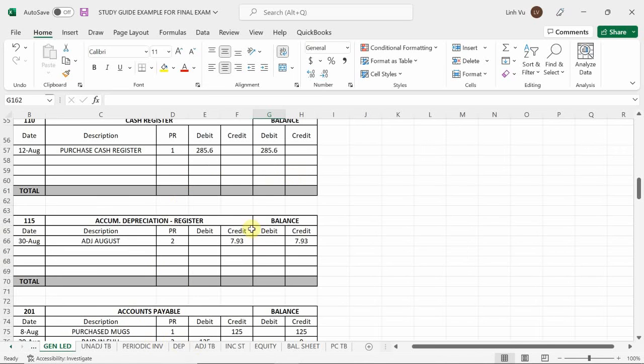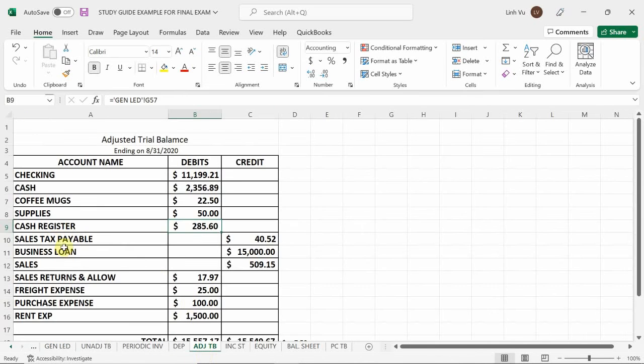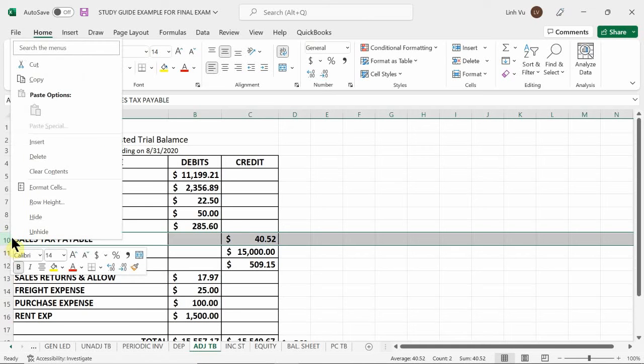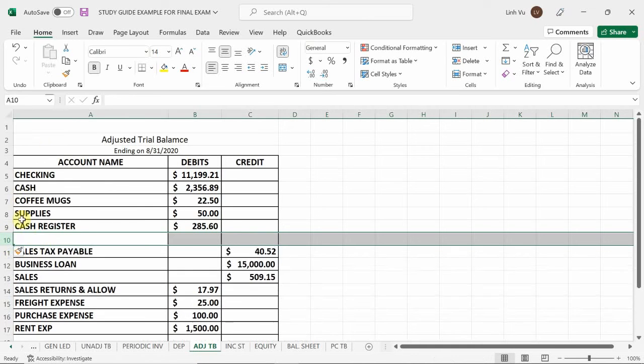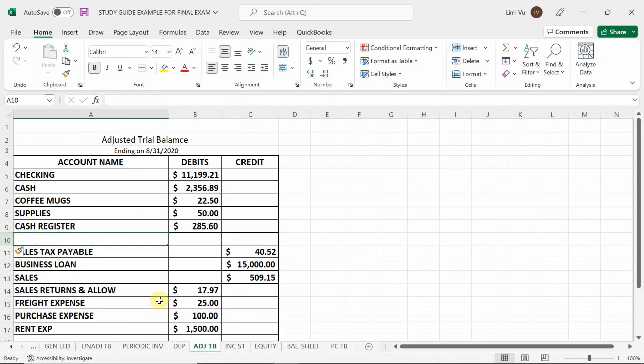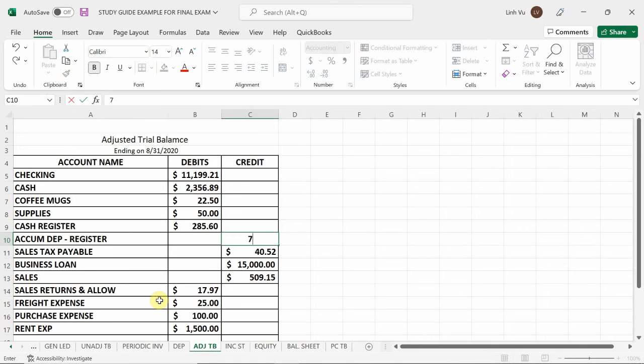I just need to add that $7.93 on the credit side for my adjusted trial balance. So for the cash register, insert a row here for the accumulated depreciation for the register, which was $7.93 credit.